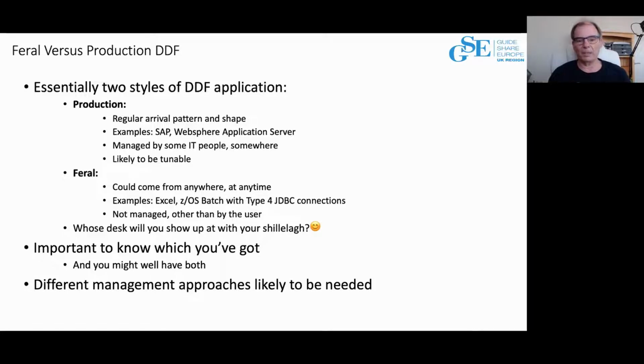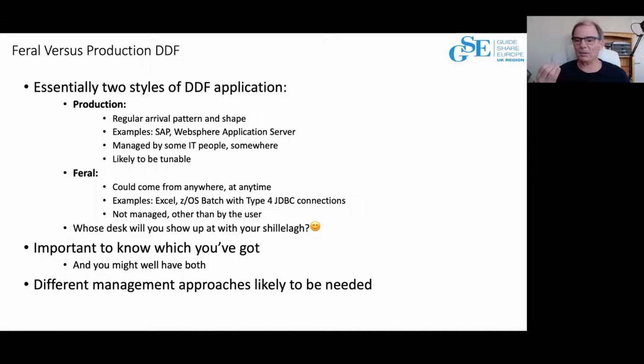So really, to my mind, there are two kinds of DDF application. There's production, which is stuff with a regular arrival pattern and shape. It's probably managed by some IT people somewhere. It's likely to be tunable.